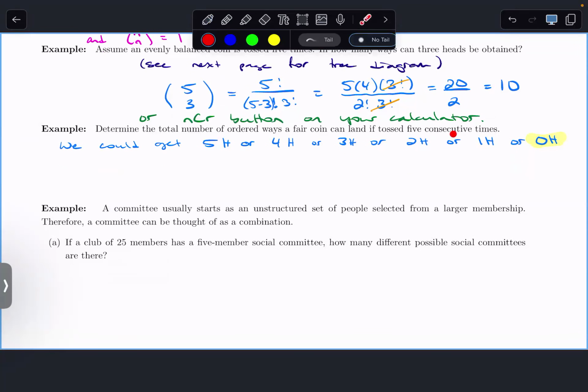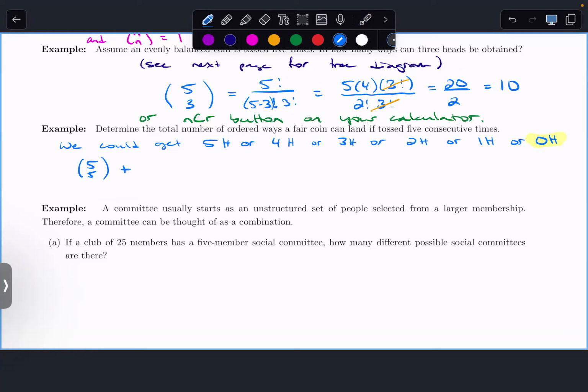So in 5 tosses, 5 heads, right? Then we could do that diagram, and we could count how many ways, but really the shorthand for that would be 5 choose 5. Forcing me to choose 5 heads out of 5 tosses.